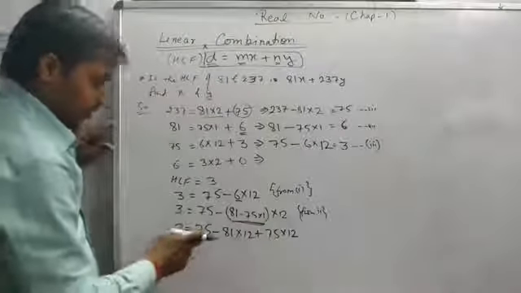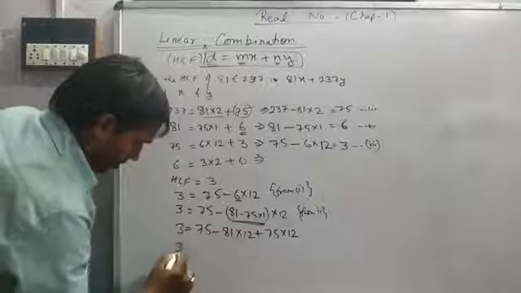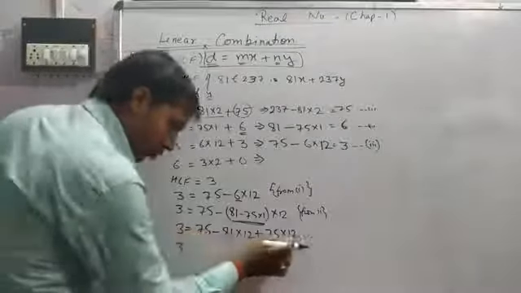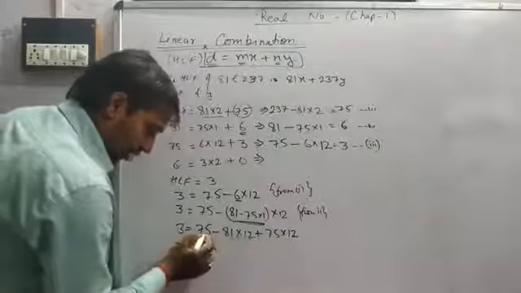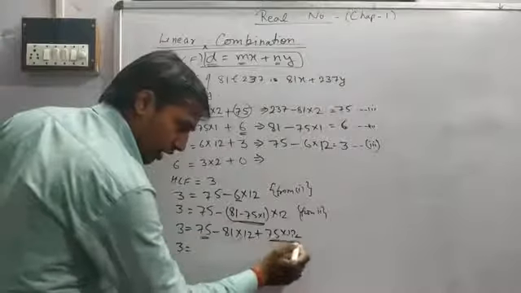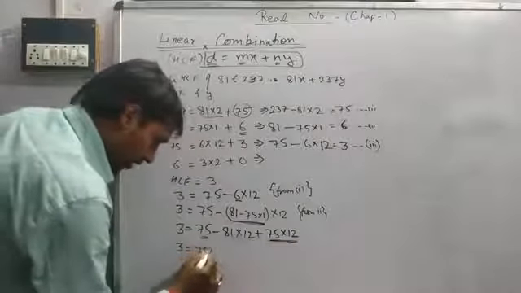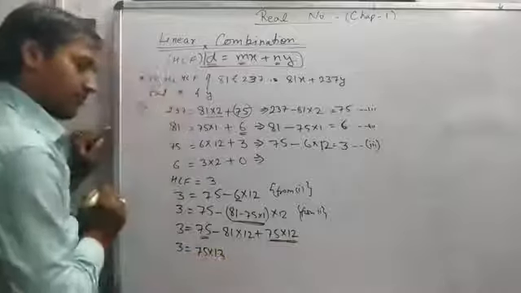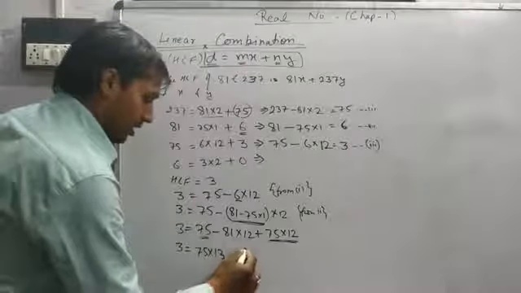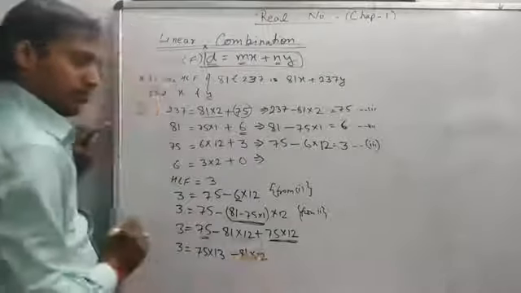Then 3 equals 75 two times, that is 75 into 1 plus 75 into 12. So in total we get 75 into 13 times, minus 81 into 12 as before.